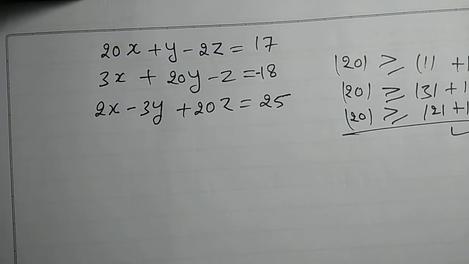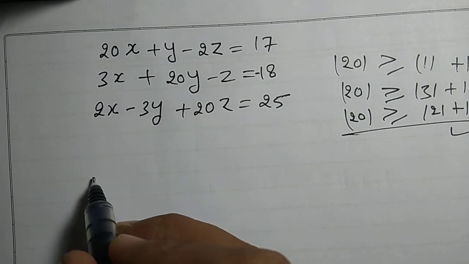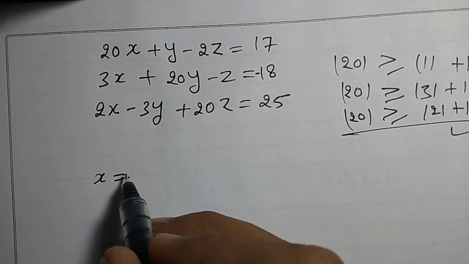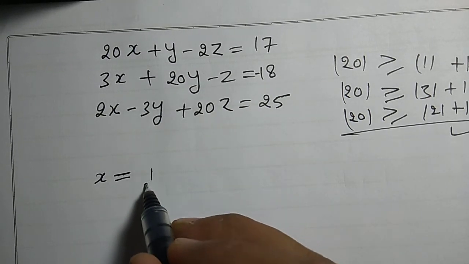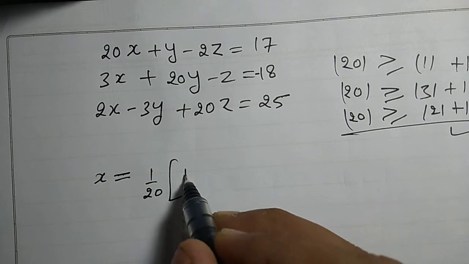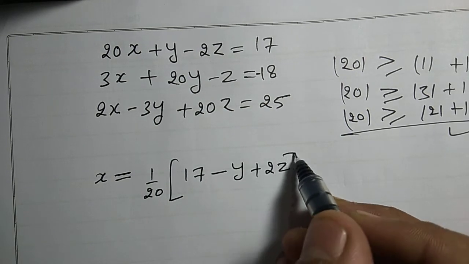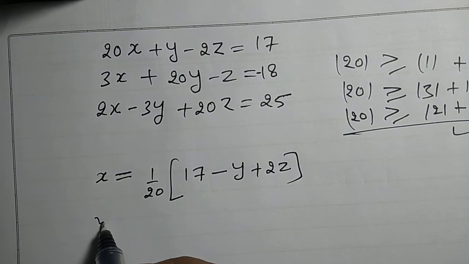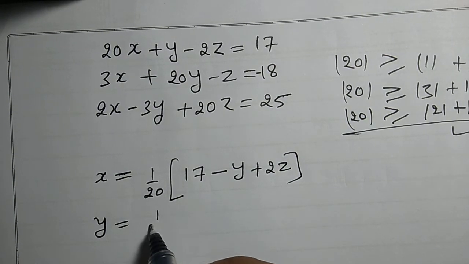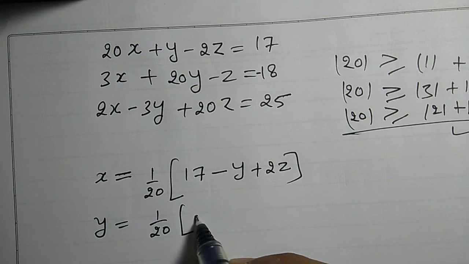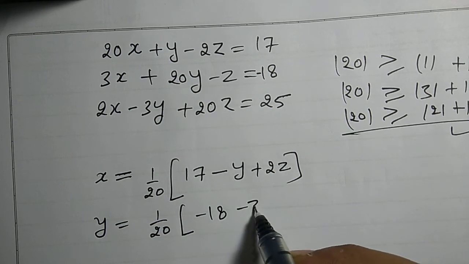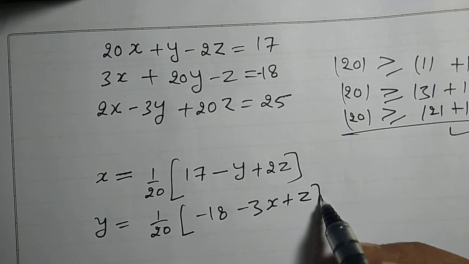Now from the first equation we write x as 1/20 times (17 minus y plus 2z). From the second equation we get y equal to 1/20 times (minus 18 minus 3x plus z).